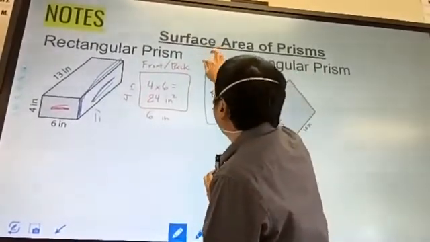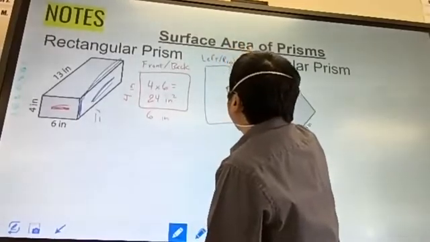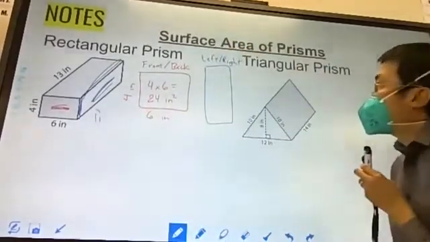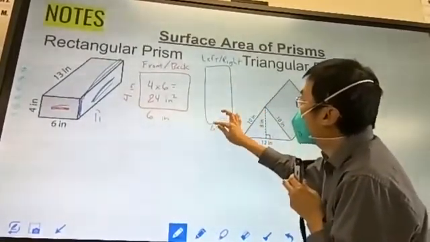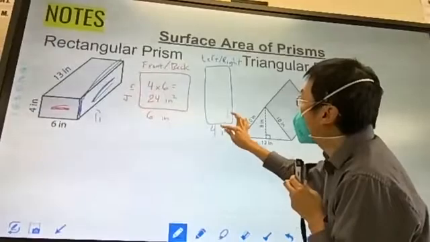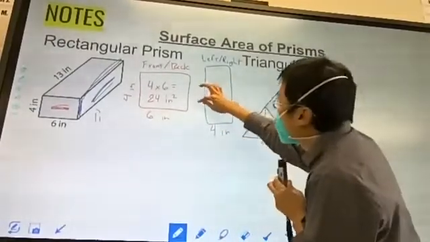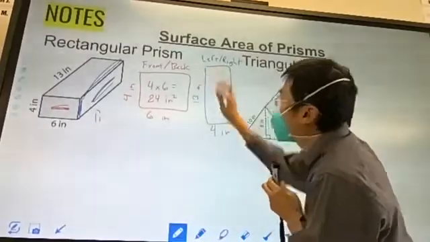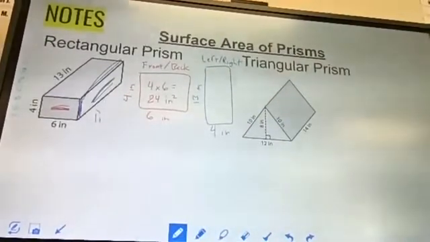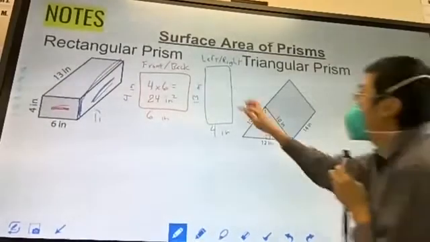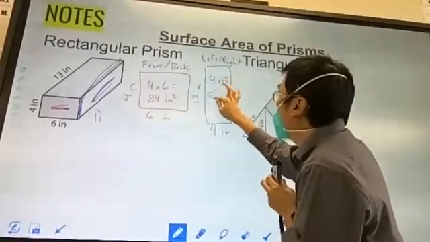This is going to be the left and the right. So we have 4 inches as our height and 13 inches as our base. 4 inches and 13 inches. So we multiply that, 4 times 13. And that gives us 52 inches squared.